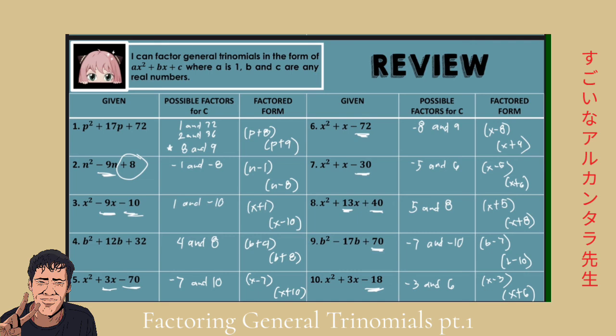It takes practice, so don't be too hard on yourself. Just keep practicing. Okay? So you may refer to more resources online for more practice examples or exercises. But in the meantime, it's all that I can give to you in relation to general trinomials where a is equal to 1.